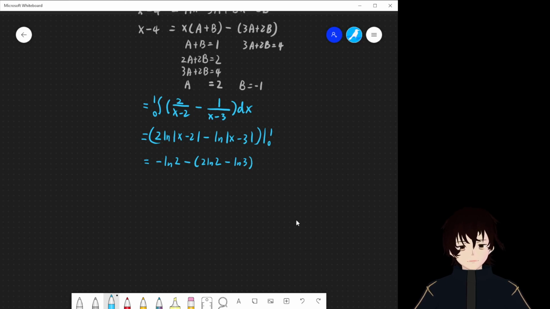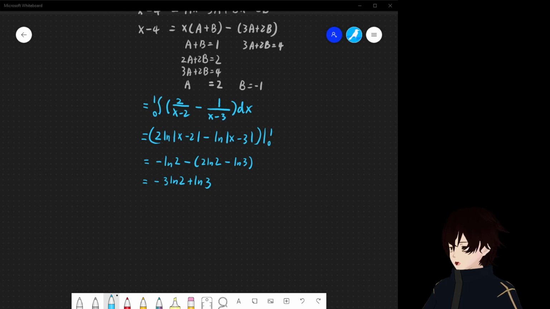Is that right? Plug in 1, plug in 0. Equals negative 3 natural log of 2 plus natural log of 3. This is an even numbered question, so I need to check my answer elsewhere.